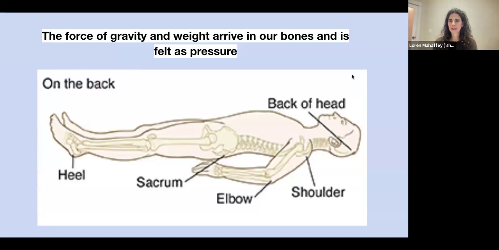This would be like someone lying on a hard floor and feeling their heels, their sacrum, their elbows, their shoulder, the back of their head touching the floor. Those are points of pressure. And we have nerve endings in our bones, and the sensation we're able to perceive, as I said, is that of pressure. And this is different than any sensation we receive from our muscular system.